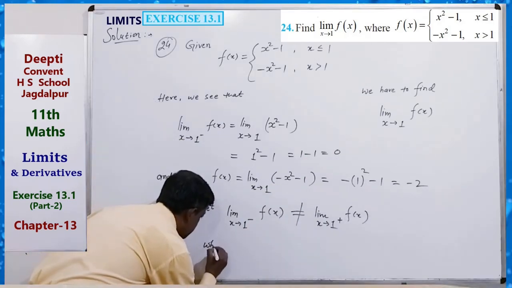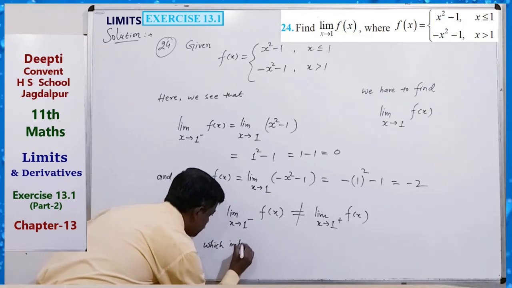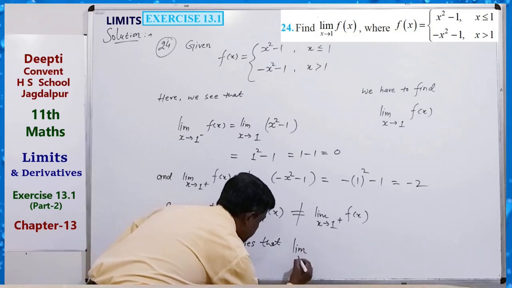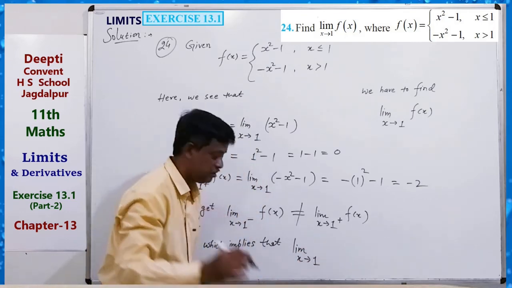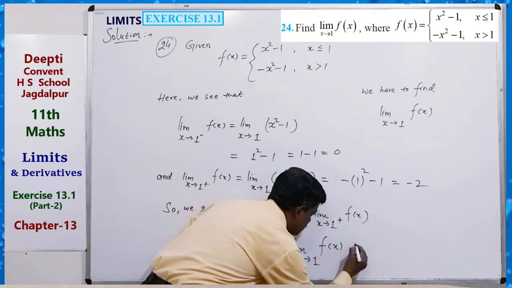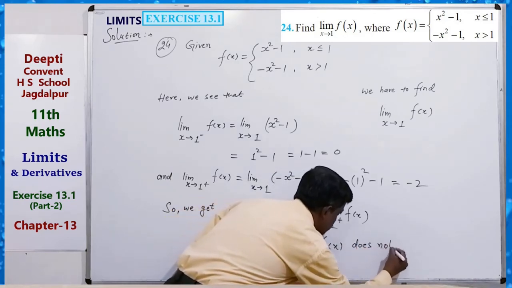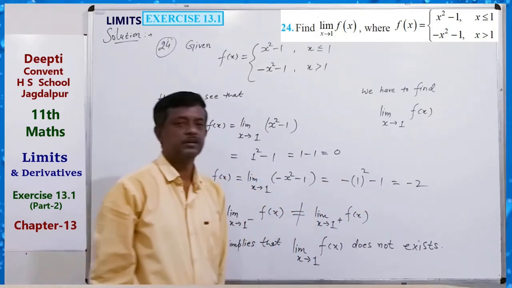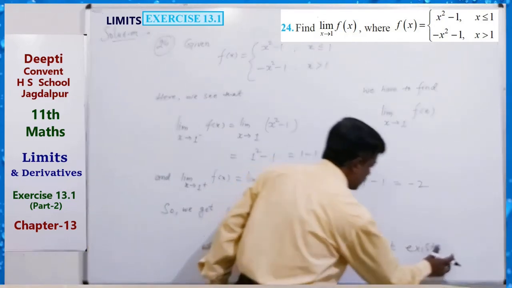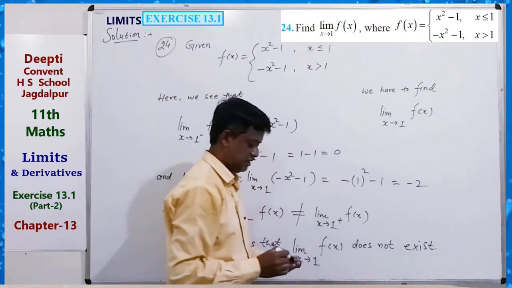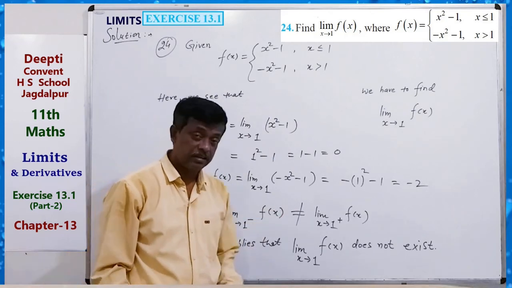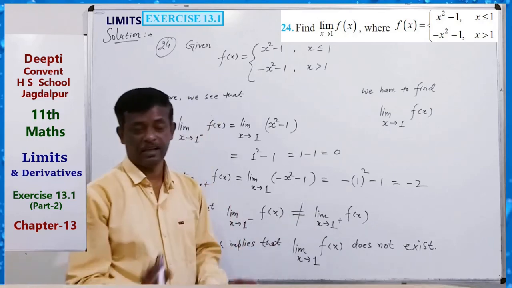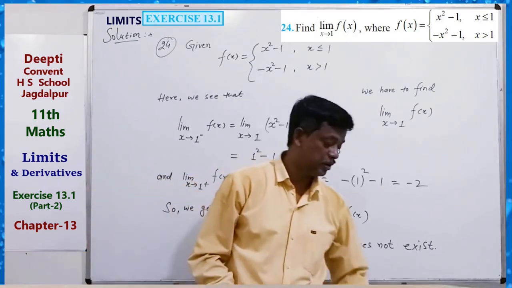Which implies that the limit x tending to 1, the pure limit of f(x), does not exist. Limit does not exist. Okay. If both limits are equal, then we say that the limit exists. And here both limits are not equal, so the limit does not exist. Okay, this is question 24.